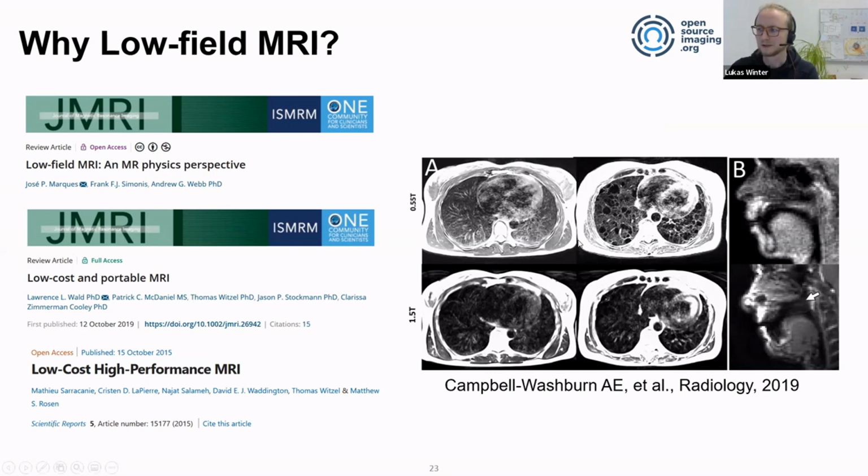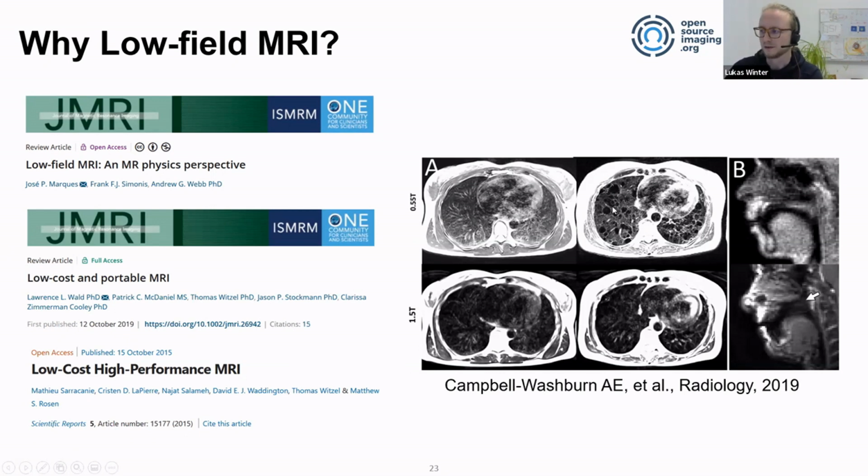But here they made a comparison trying to see how far you can push the advantages that low field has over high field, in terms of some safety aspects that are more relaxed, or some susceptibility artifacts, to some clinical applications.